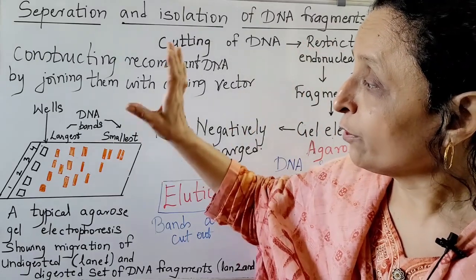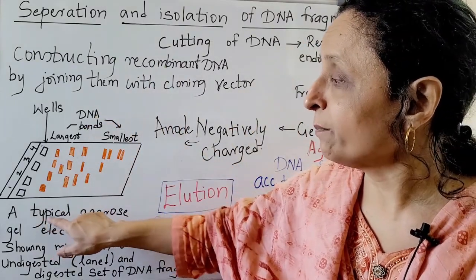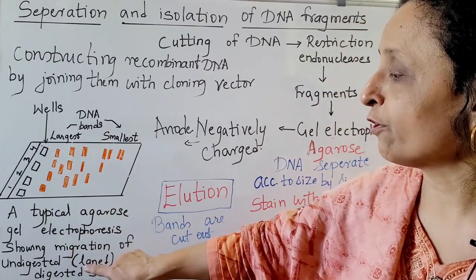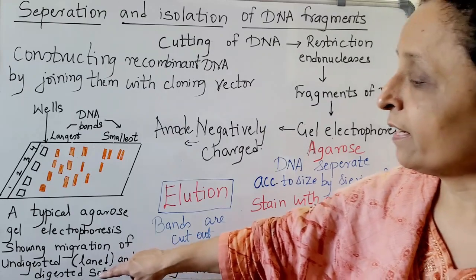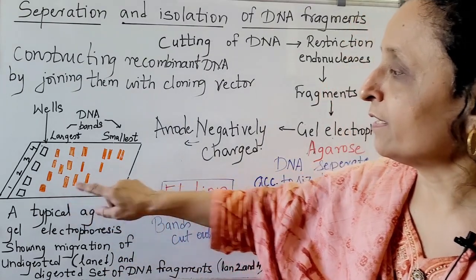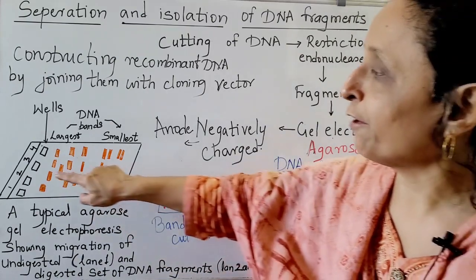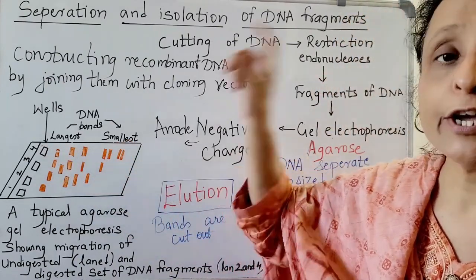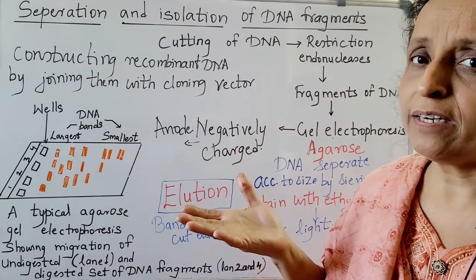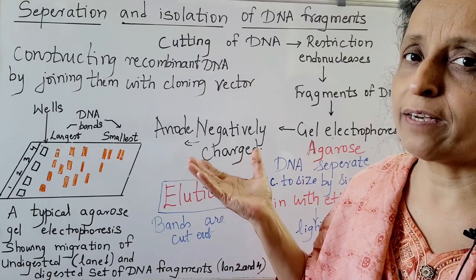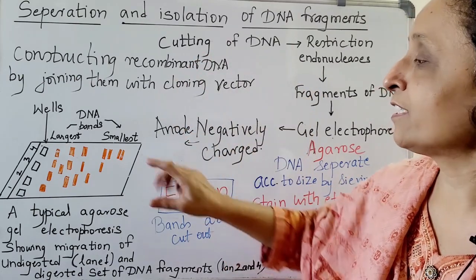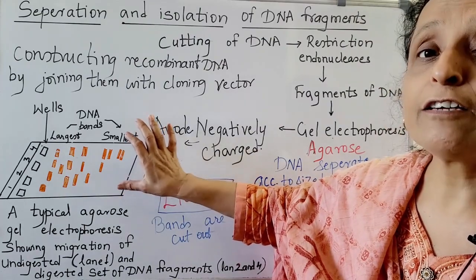So here you have a small tray, a typical agarose gel electrophoresis showing migration of undigested and digested sets of DNA fragments. Lane 1 is undigested. Lanes 2 and 4 are digested. So you can see how the DNA spreads. We want DNA so it can be put into a vector and utilized. So this is how separation of DNA takes place by electrophoresis.